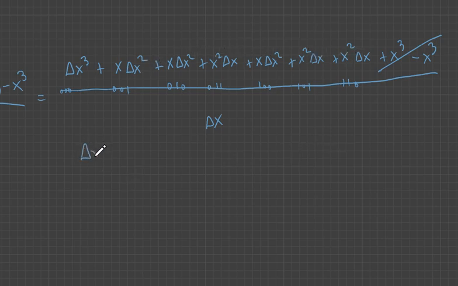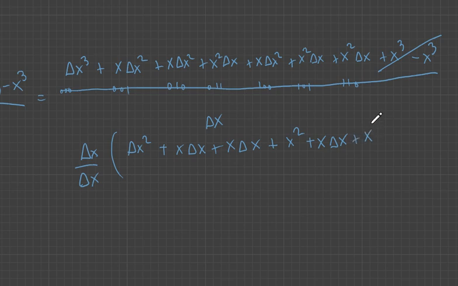So again, we factor out delta x over delta x, and we are left with delta x squared plus x delta x plus x delta x plus x squared plus x delta x plus x squared plus x squared.